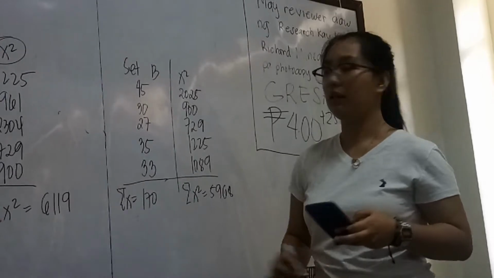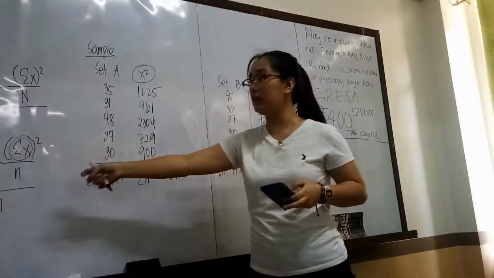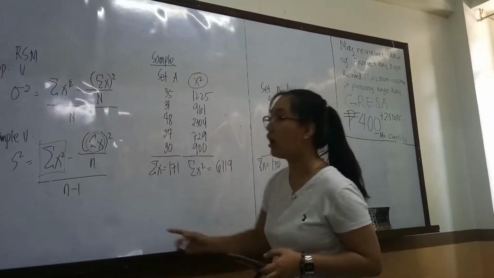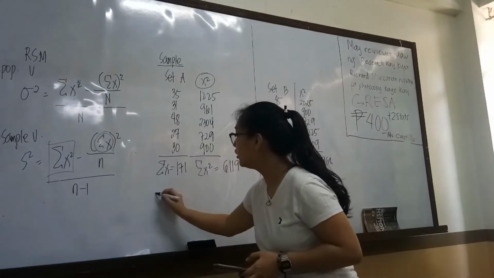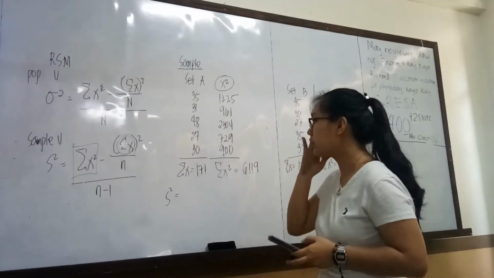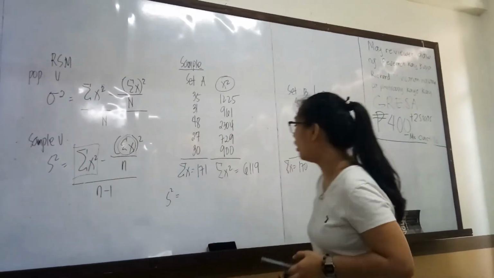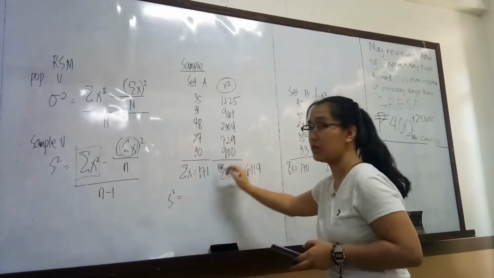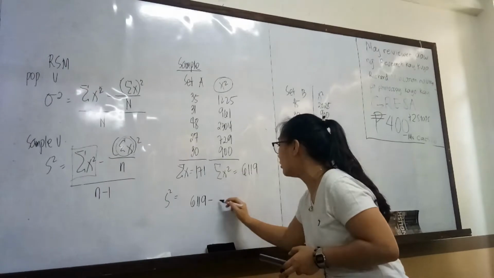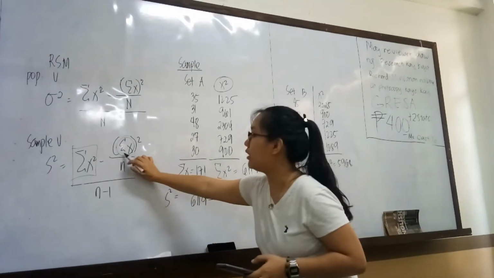Okay, nakuha na natin yung mga values na needed for the equation. Now, all we have to do is to substitute. So on our equation, what are we solving again? Sample variance. So we need your summation of x raised to 2, which is this one. So we have 6119 minus, what is your summation of x?